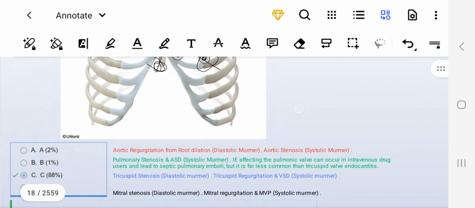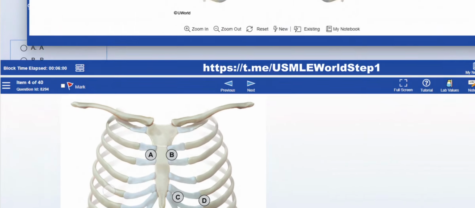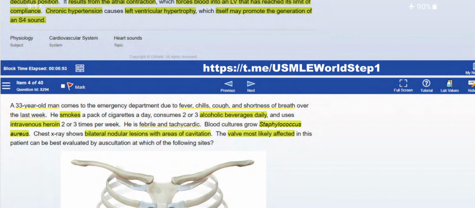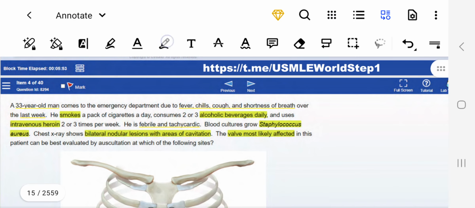But in this case, they have presented the case of Staph aureus, and with that, they have given the case of IV heroin.